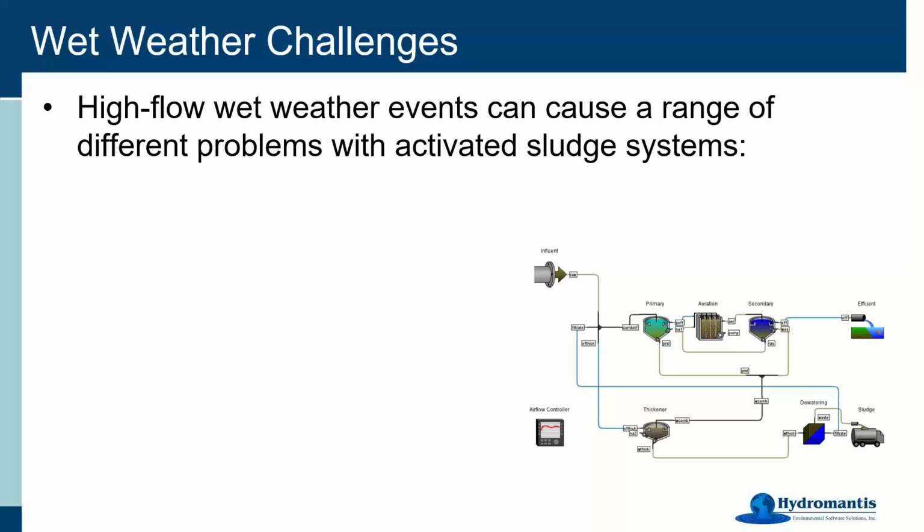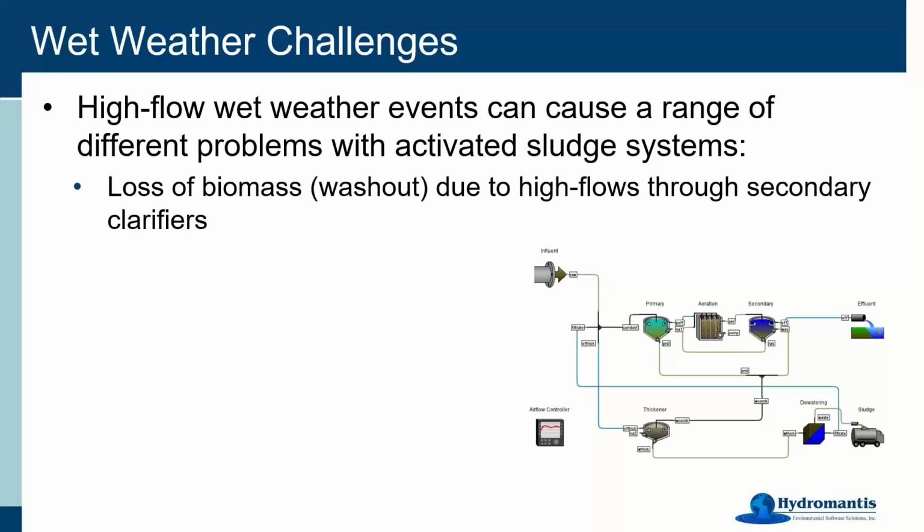Okay, so when we're talking about wet weather challenges, those wet weather events can push a lot of flow through your treatment system. That can cause a range of different problems, with high loading or at least a high amount of flow coming in that may have a high concentration or low concentration if things are somewhat diluted. Obviously, the number one worry for most people is that the high flow is going to wash out the biomass that you've spent so long cultivating and doing its job there.